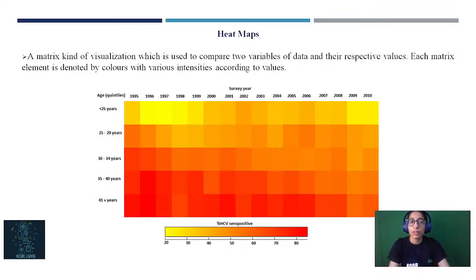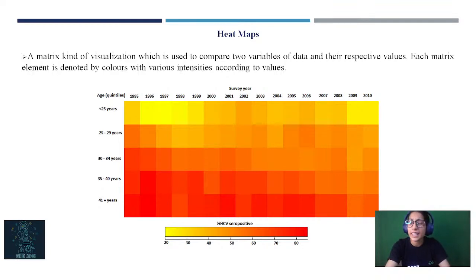Okay, now come the heat maps. I know that heat maps are very new to you, so what actually are heat maps? Heat maps are a matrix kind of visualization used to compare two variables of data and their respective values. Each element is denoted by colors with various intensities according to value. Suppose we have used the orange color, with various intensities of orange.